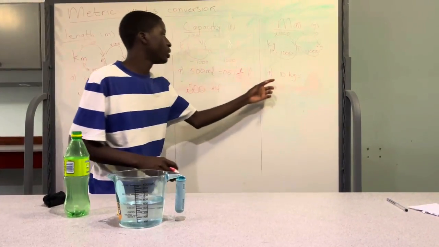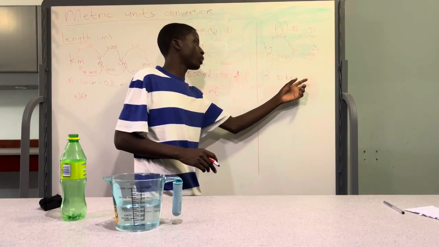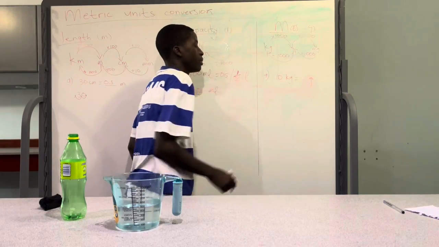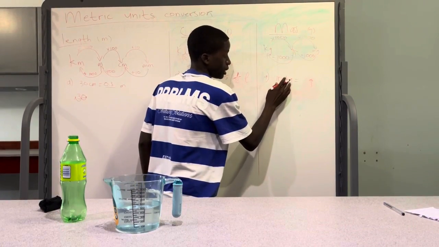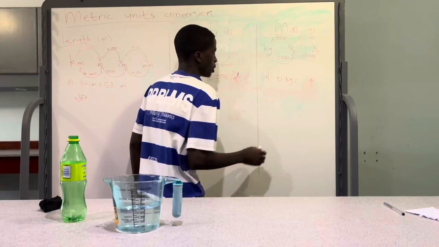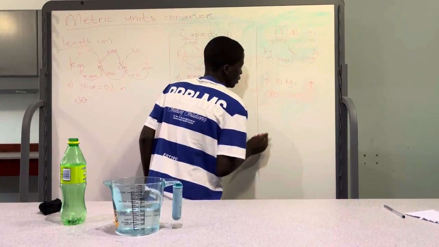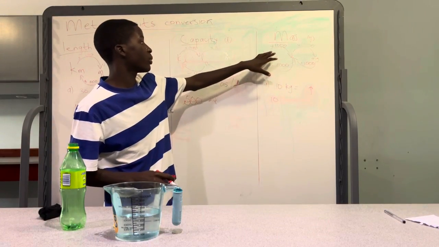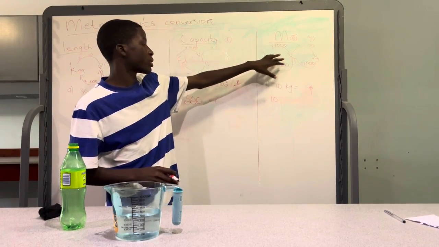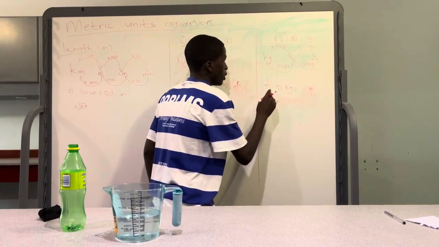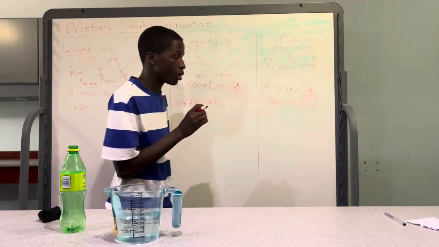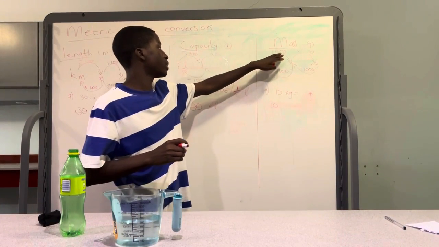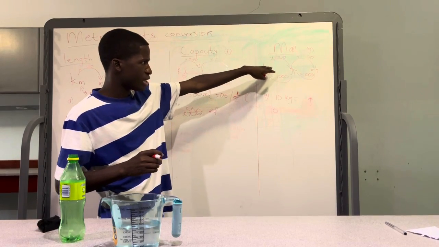Our first example, let's convert 10 kilogram to gram. Here, we are converting from a bigger unit to a smaller unit. When converting from kilogram to gram, we are multiplying by 1000. When multiplying by 1000, we have to move our comma 3 times, because 1000 contains 3 zeros.